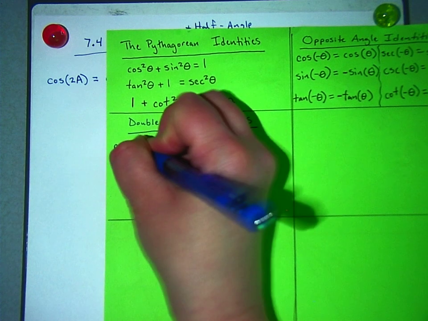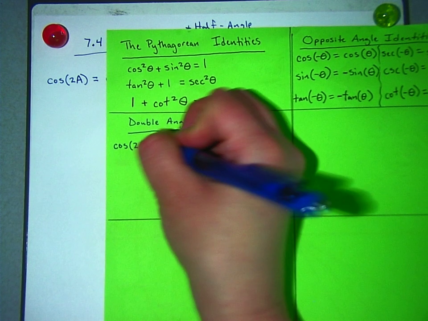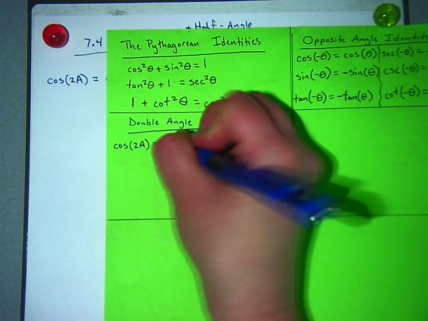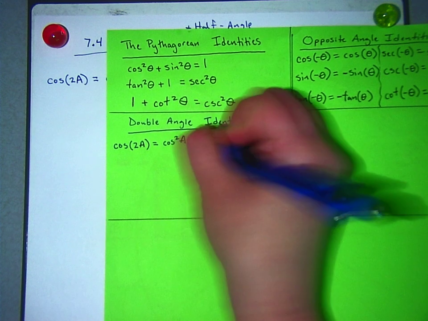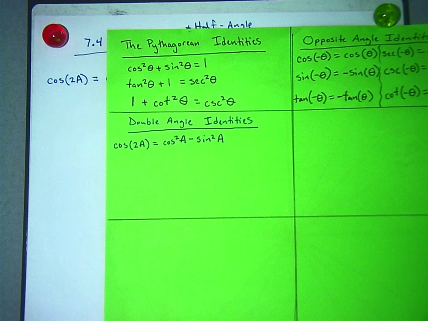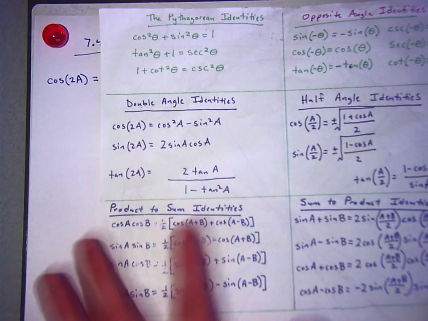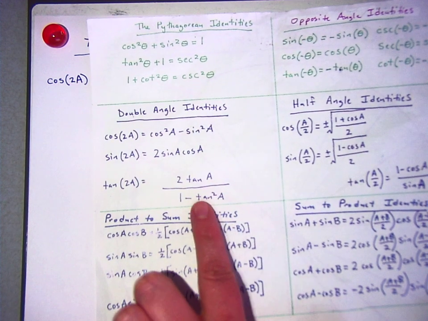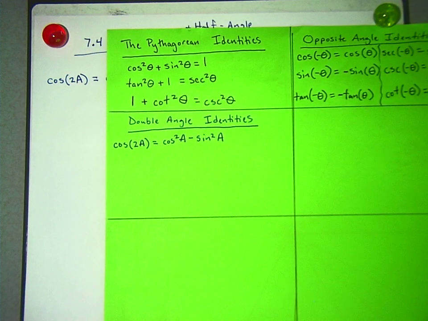The cosine of 2a is the same thing as cosine squared a minus sine squared a. By the way, if you're wondering how much space to use, here are the double angle identities. See how the tangent one kind of requires double the amount of space because it's got a fraction involved.